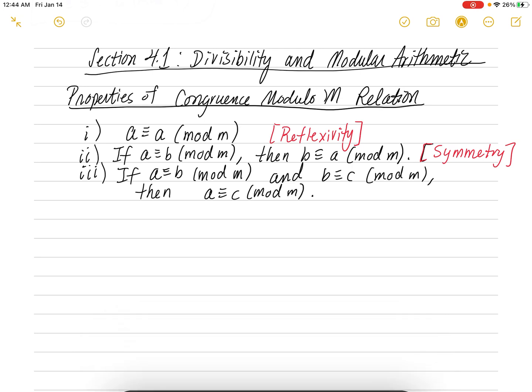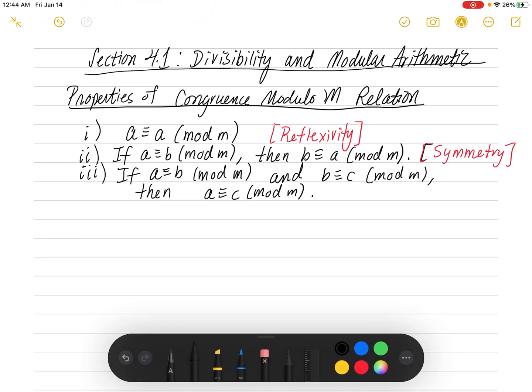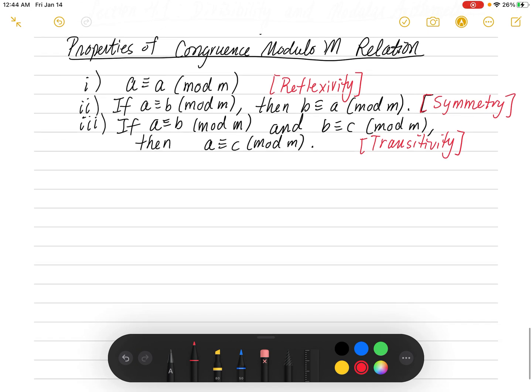If you've had Math 299, you would probably call this the transitive property, which we'll just call for short transitivity. This is all stuff that you would prove in a Math 411 class, Intro to Modern Algebra. You'll prove these things using the definition of congruence mod m. We're not going to prove them in this class. This is not a proof class.